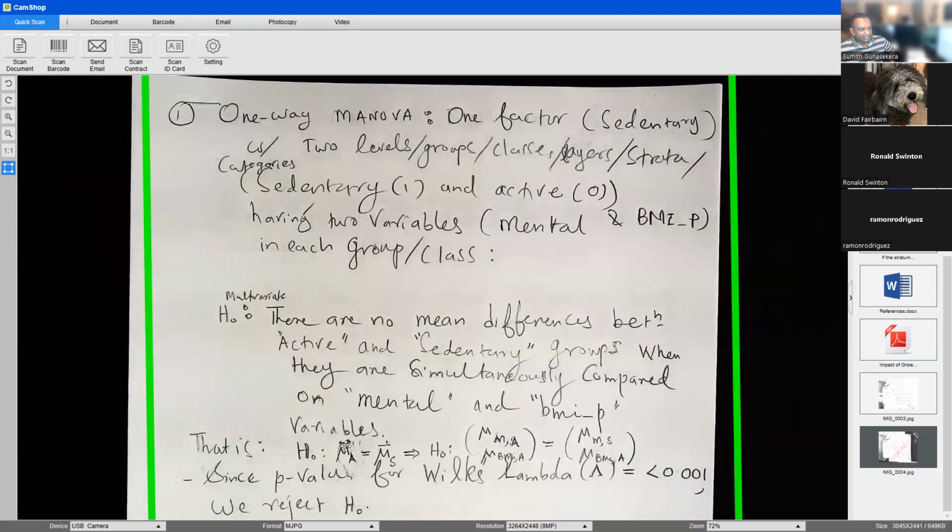H0 is nothing but the mean vector for the active group, I put A for active, equals mu, where the means for both variables are already included, of the sedentary group. That's the column vector. Mu of whose mu? This one, mu mental of the active group versus mu mental of the sedentary group, and mu BMI for active versus sedentary.